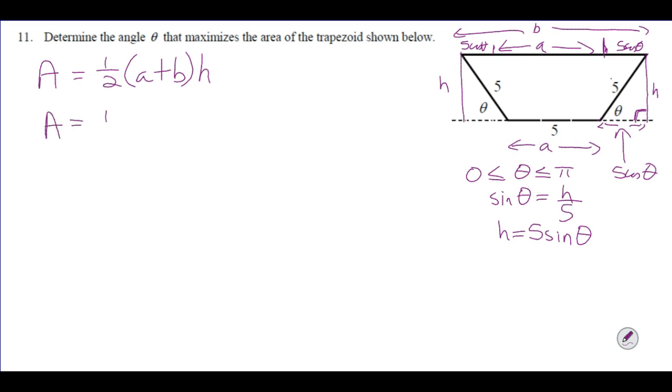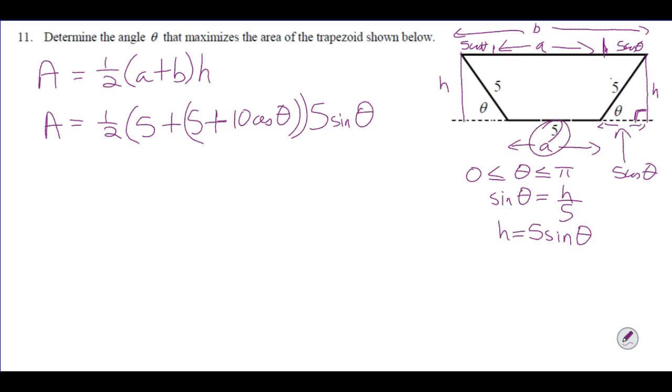So the area is 1/2 (a plus b), which is a plus a plus 10 cos theta, times h, which is 5 sine theta. Oh, but what's a? A is 5. Duh. So a is 5, and that means this is a 5 up here.